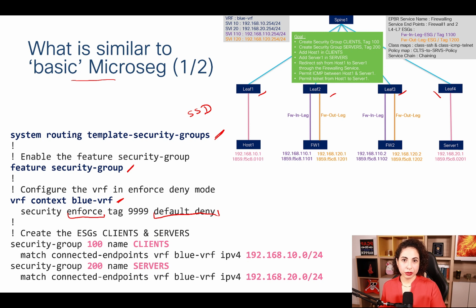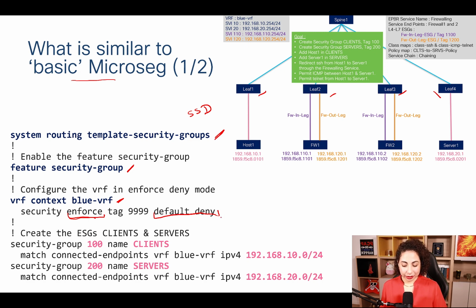The opposite was unenforced. Unenforced means, okay, you can configure whatever you want from the perspective of ESGs and contracts. It will be just sitting there and completely ignored, not even evaluated. When we want to evaluate them and consider them, which is exactly what we want inside our lab environment, here we go ahead and configure enforce.